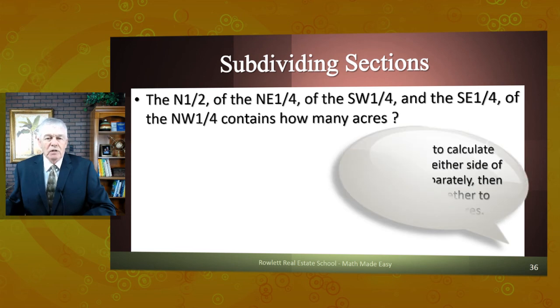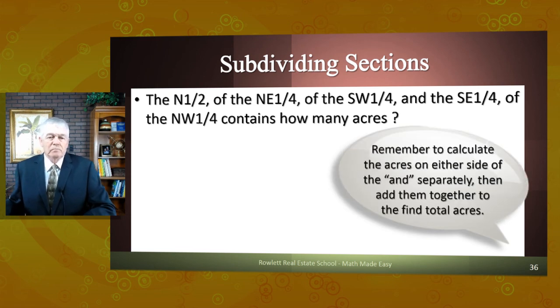All right, let's do another one. The north half of the northeast quarter of the southwest quarter of the southeast quarter of the northwest quarter, and... I read that wrong. See what I did? I just left out the word "and." I was jumping to each one, and this is something that you will find yourself doing. You'll overlook the word "and."